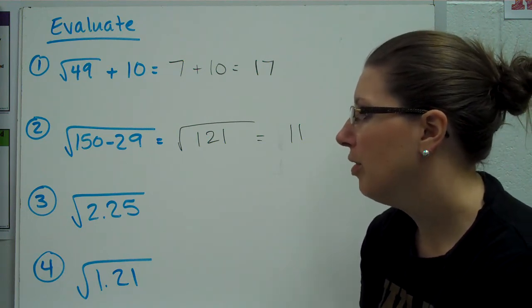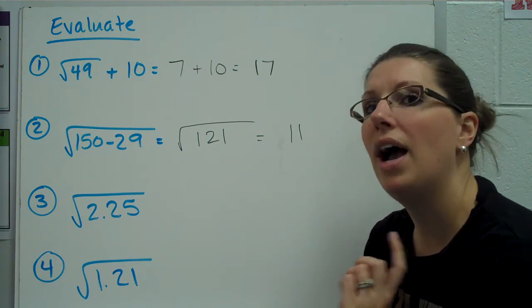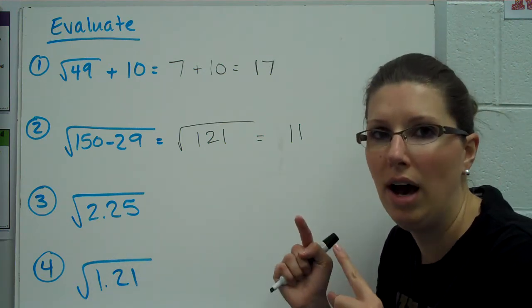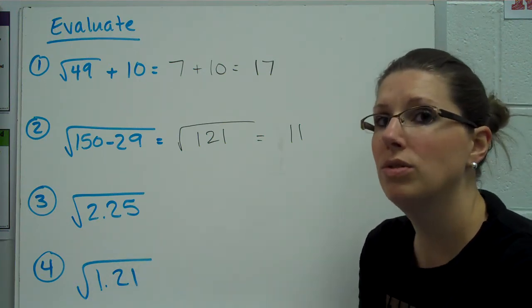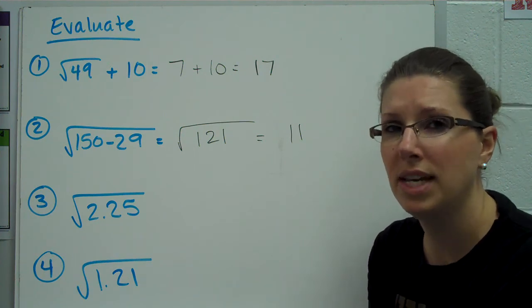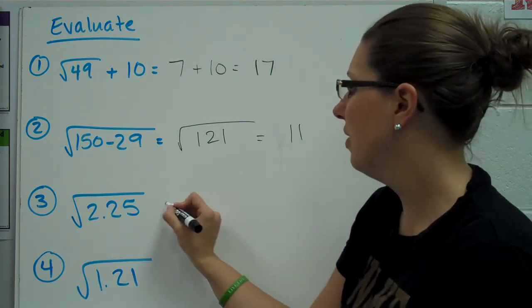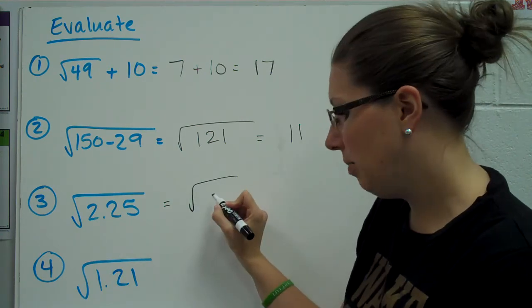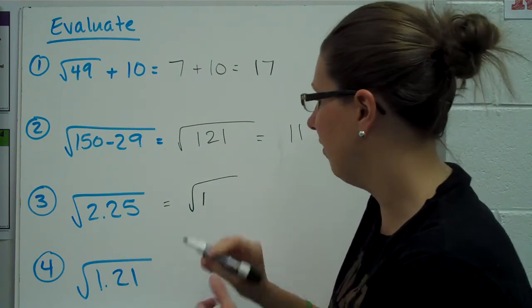All right, number 3, I've got a decimal. But I recognize 225. The square root of 225 is 15. So I bet the square root of this is not 15, but it's going to be 1.5.